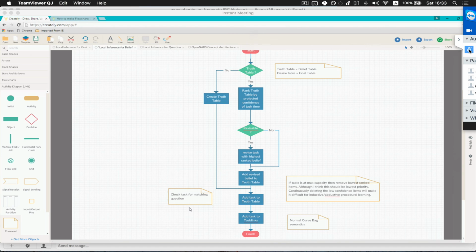Yes, okay, but before we move on, can I ask? What if we look for these answers when we add this new task?